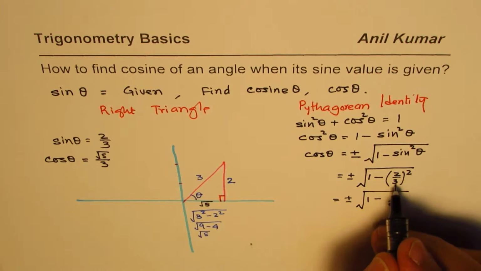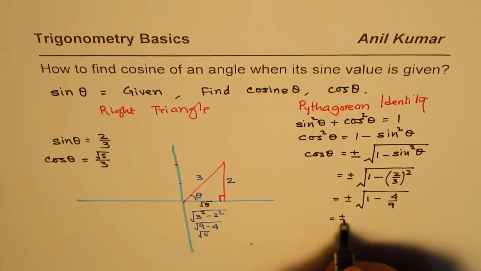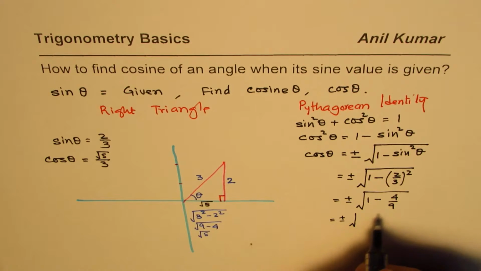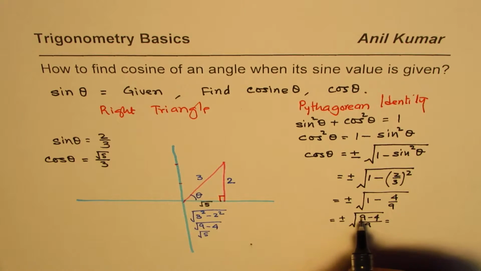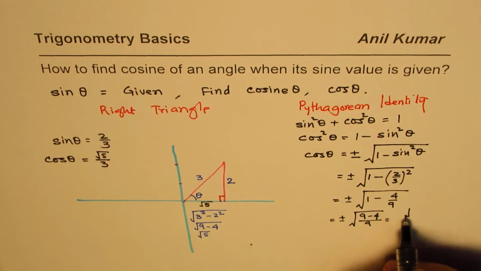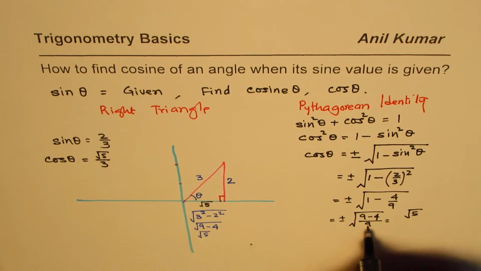Square of 2 is 4, square of 3 is 9. Or it equals plus or minus, common denominator of 9, square root of 9 minus 4 over 9. And that gives us 9 minus 4 is 5, so square root of 5, and square root of 9 is indeed 3.